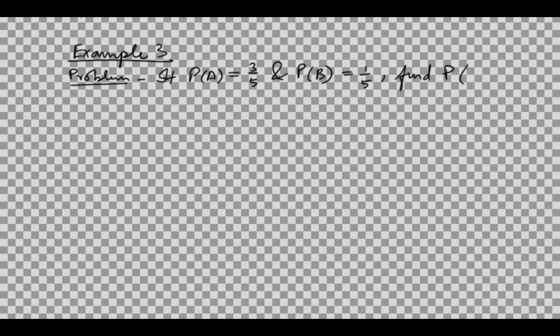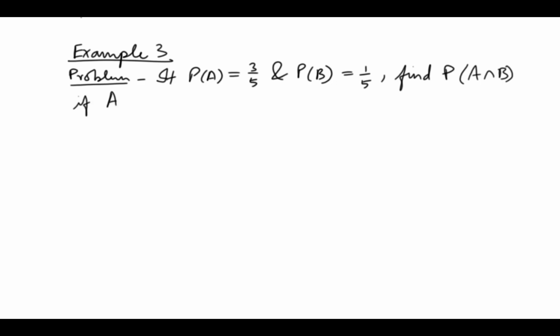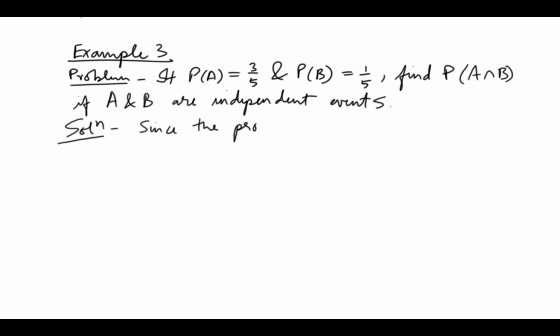Example 3: the problem is given. This is very simple. The probability of A is 3 by 5 and the probability of B is 1 by 5. We have to find the probability of A intersection B if A and B are independent events.